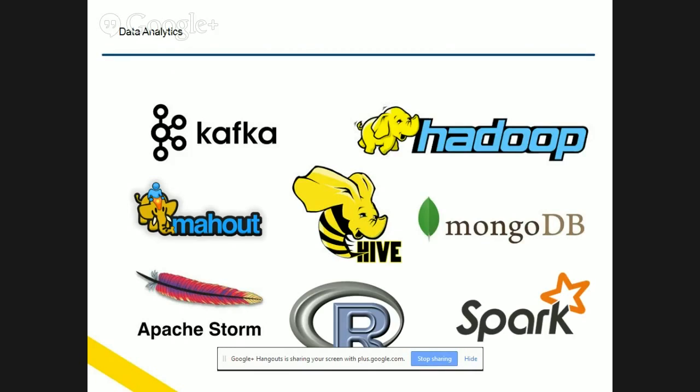And Storm, we have again seen Apache Storm earlier, which is basically going to allow you to process streaming data. Then Mahout, Hive, and R are basically for machine learning and data analytics. And MongoDB is, of course, a NoSQL data store.